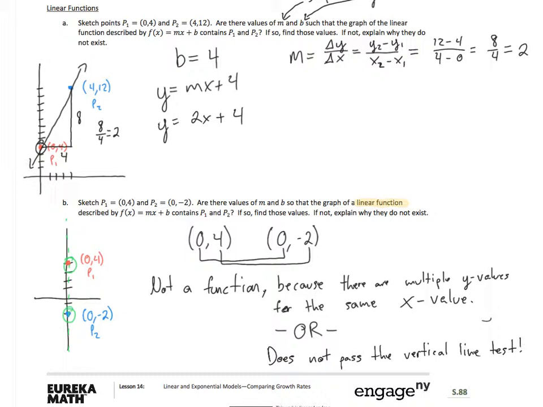And let's go ahead and erase this little guy right here. There we go. So, because it does not pass the vertical line test and there are multiple y values for the same x value, this is not a function. And this wraps up this video. We'll go ahead and go into exponentials for lesson 14 in the next video.